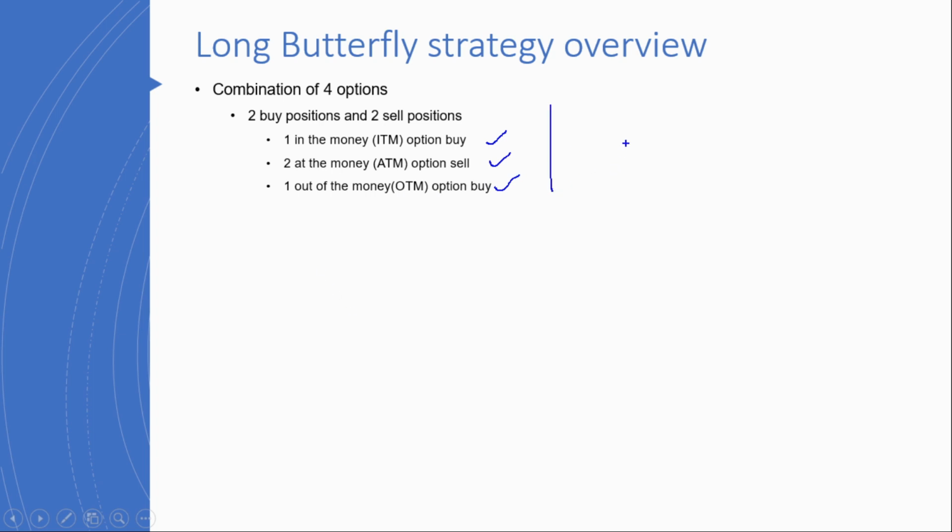But some people, rather than going this way, will try to buy one at the money option and sell two options a little out of the money, and then buy one more option further out of the money.